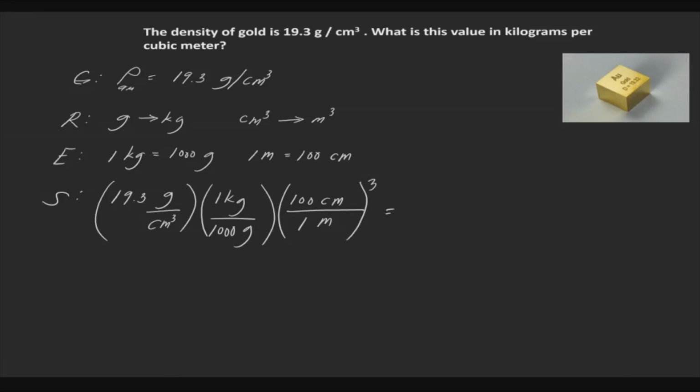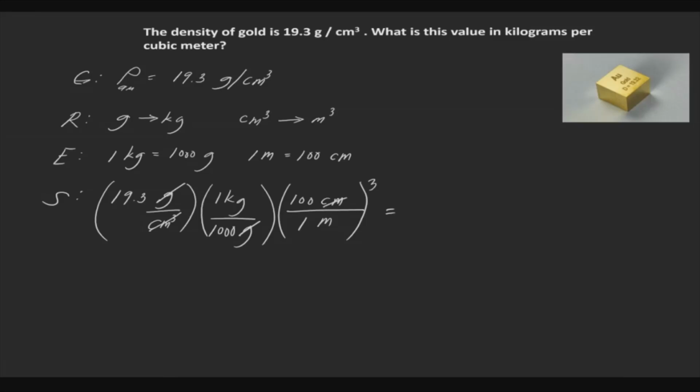Here we need to raise the quantity to the power of 3 in order for us to cancel out the units for cubic centimeter. So we multiply 19.3 times 1 kilogram divided by 1000 grams. Cancel out the unit for gram. Then we multiply our answer by 100 centimeter cube divided by 1 meter cube.